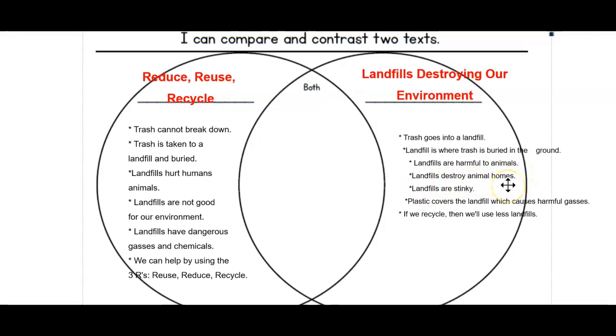Landfills destroy animal homes. Landfills are stinky. Plastic covers the landfill, which causes harmful gases. And if we recycle, then we'll use less landfills. Let's highlight what matches on both sides of the Venn diagram.